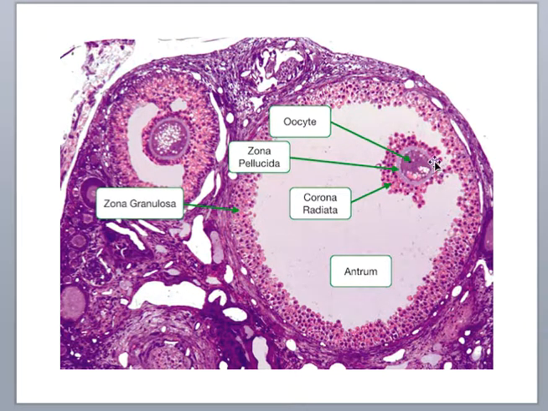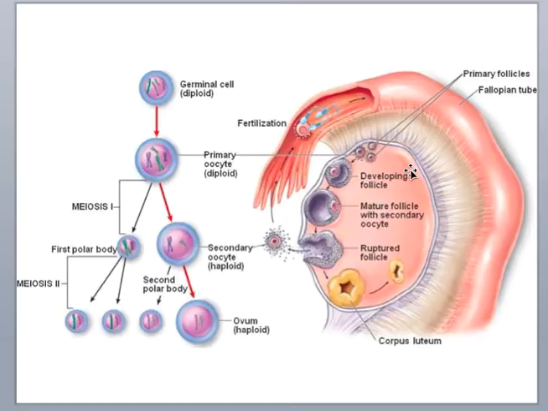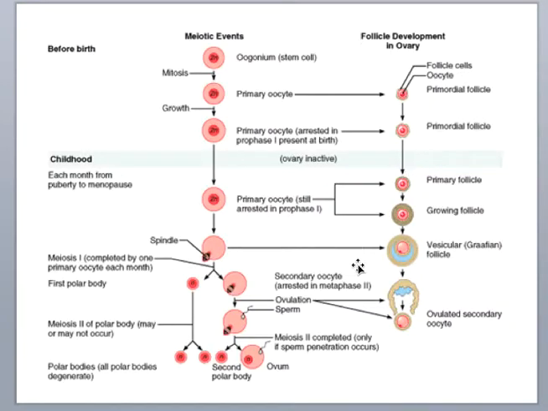Okay, so we see this oocyte pushed to the periphery in this huge continuous antrum. This entire thing is a Graafian follicle. It looks like a fried egg to me. This is a Graafian follicle, the most mature. If we go back to this image, this would be our secondary oocyte.